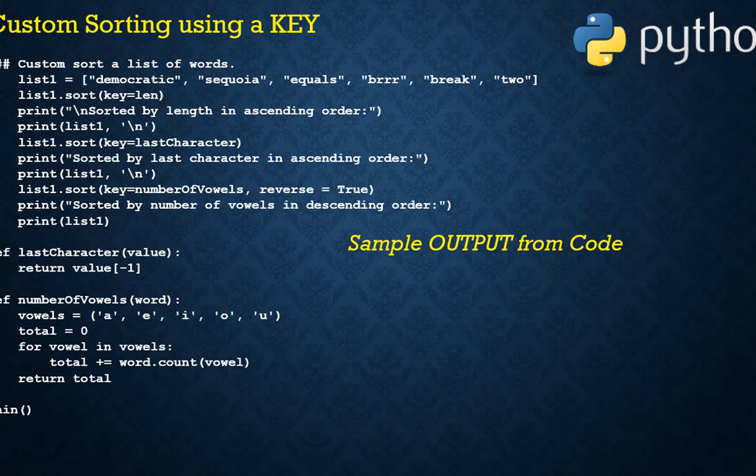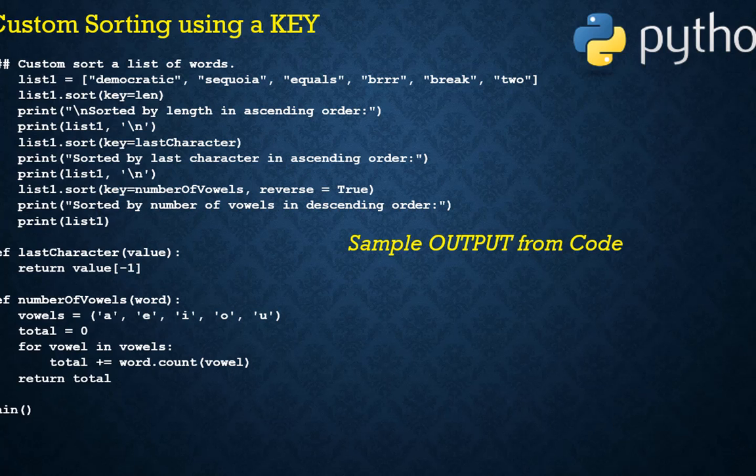What we will be sorting on here, though, is not the alphabetic listing of these words, but instead we'll be returning the last character in each one of those words. So it will be the last character of each word that determines its order in the sorted list.